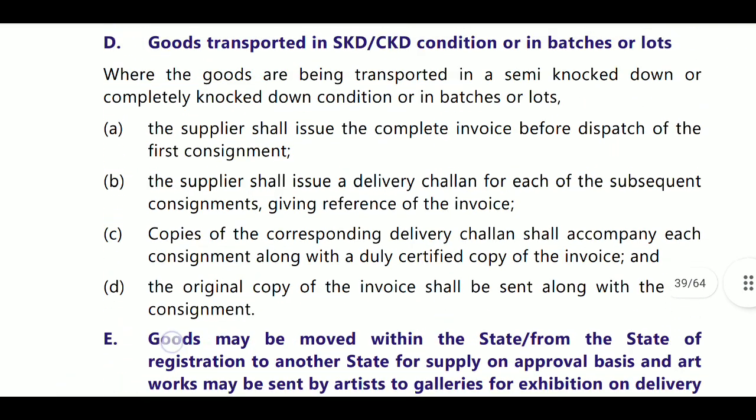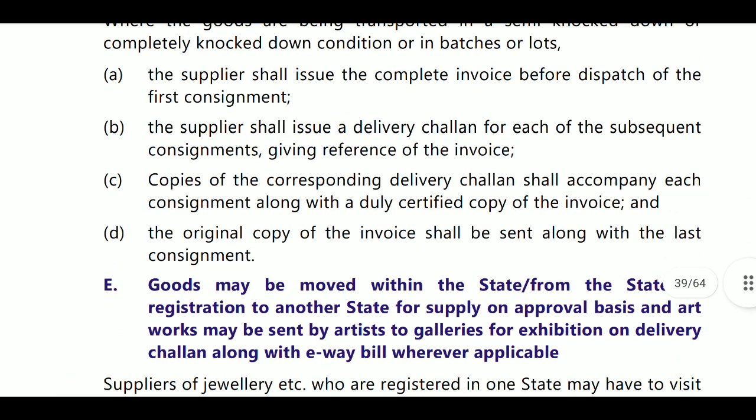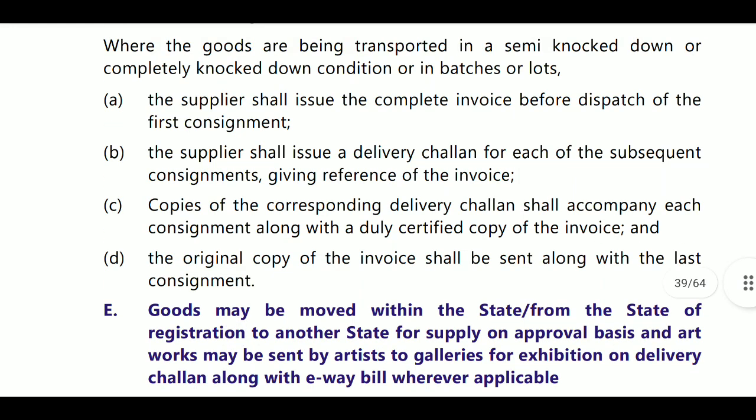Next, where goods are supplied in batches or lots, for example, we are sending 5 lorries of goods. First 1 lorry is going. Here the supplier shall issue the complete invoice before dispatch of the first consignment.